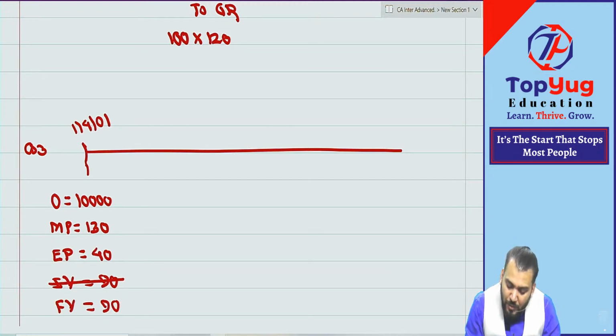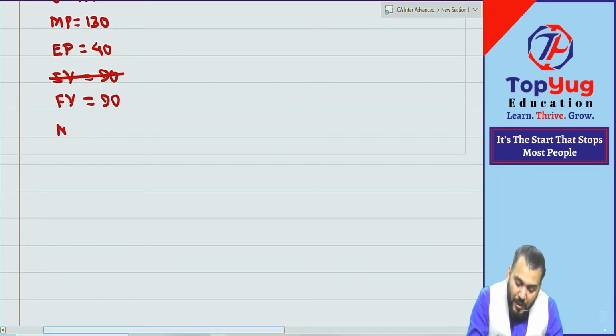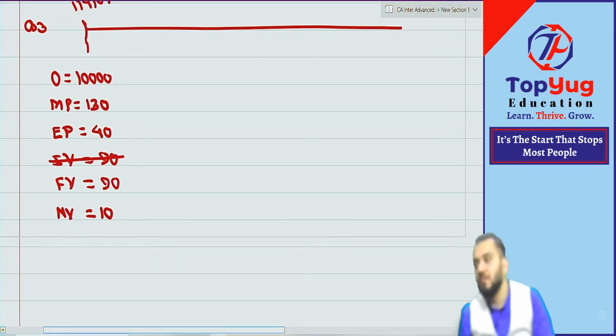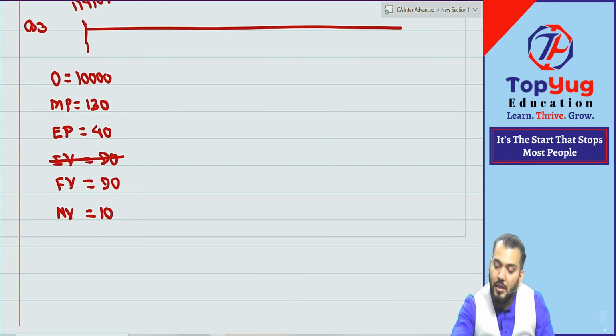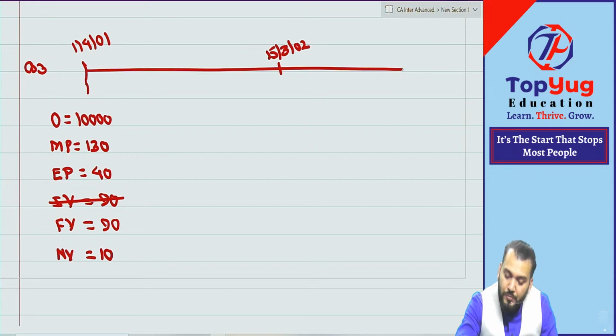So the intrinsic value is the catch. What is the nominal value? 10. It is given in the first sentence, of rupees 10 each. Correct. What is the exercise period, starting from 15 March 2002 till what? 31st March 2002.